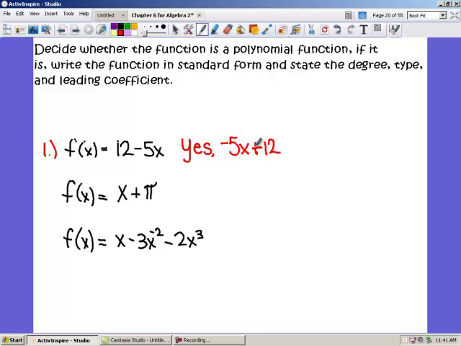Okay, so now it's in the standard form. We need to state the degree, which is just the highest exponent that is here, which is a 1. And the type of graph this is, linear. If you look at that chart you just wrote down, you can compare. And lastly, the leading coefficient, once you have it in order, is negative 5.